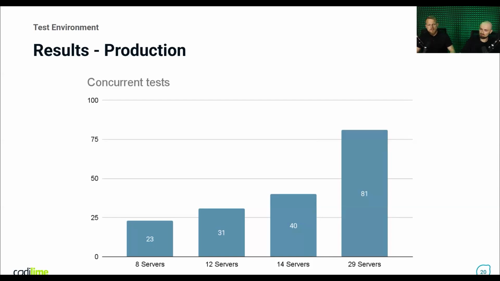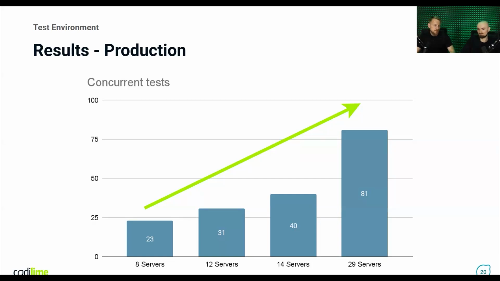With 29 servers, we run over 80 test suites at the same time, compared to just 29 before. This shows how the solution is effective and scalable. We use resources more efficiently and increase overall throughput. In production, this means faster execution, shorter queues, and much better efficiency.